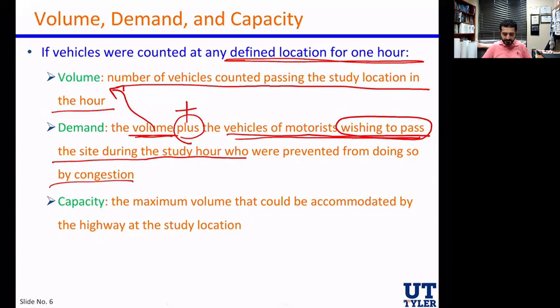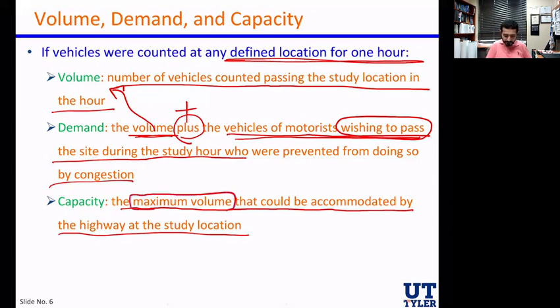While the capacity is the maximum volume that could be accommodated by the highway at that study location. So the capacity is also related to the volume, defined as the maximum volume. Very important here, this is the maximum volume because capacity is capacity. Every lane can handle that much, and the volume can be lower.